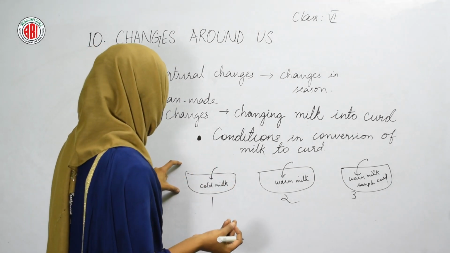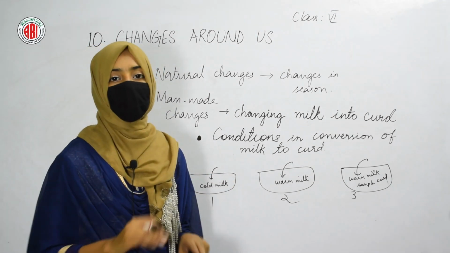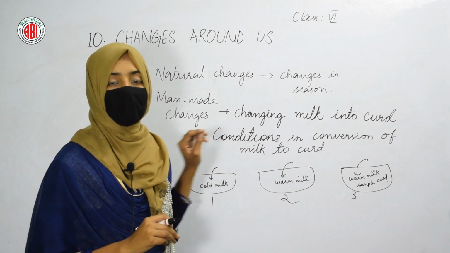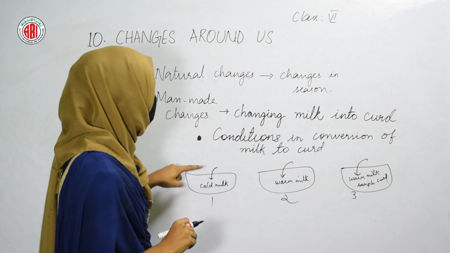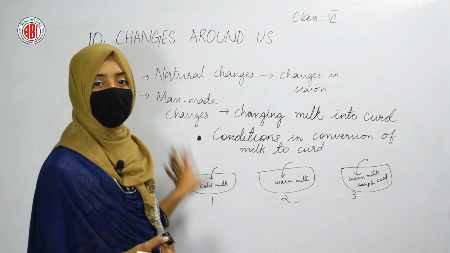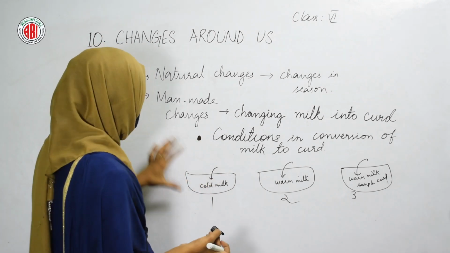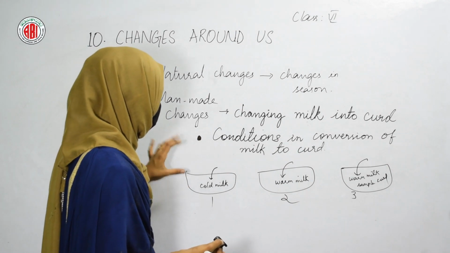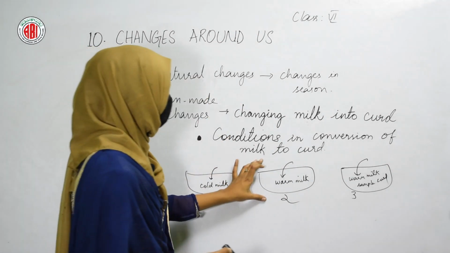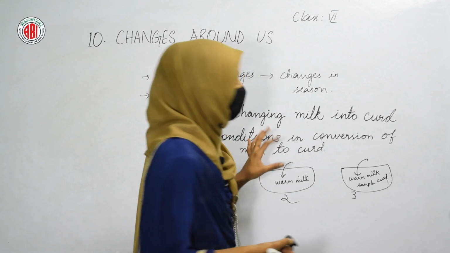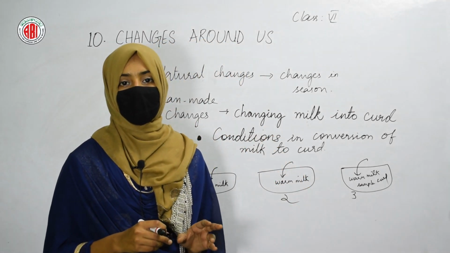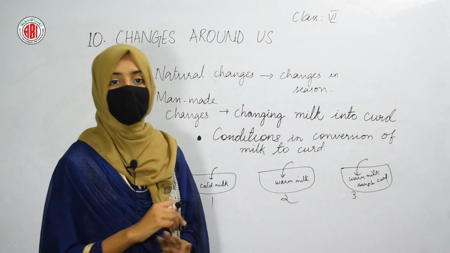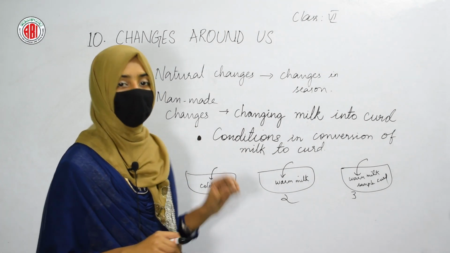In the first bowl, there is no conversion. The milk cannot be converted into curd because here we are taking cold milk. Cold milk cannot be converted into curd, so this will remain cold milk in the first bowl. In the second bowl, we have taken warm milk, but we have not added anything into this warm milk. So here also there is no conversion of milk to curd.